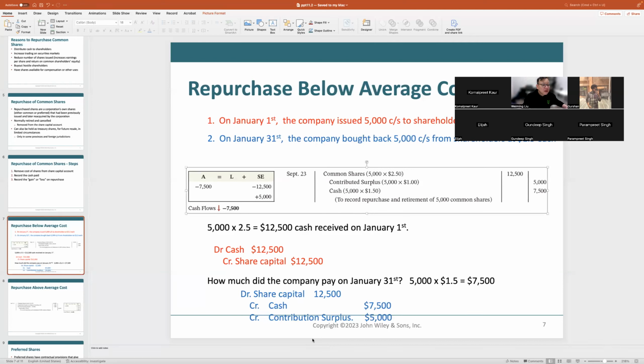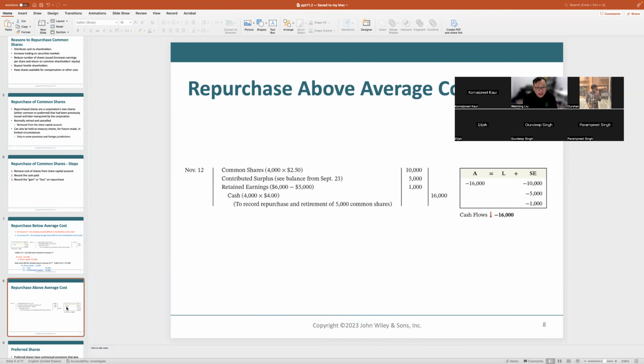I think there will be questions on the YD Plus for practice, so definitely work on that. What if the company loses some money? That will be the next slide. Then you're going to debit your contribution surplus.